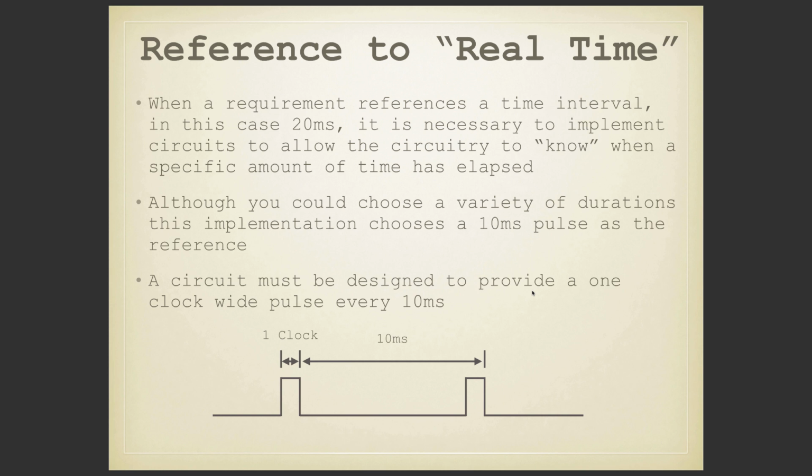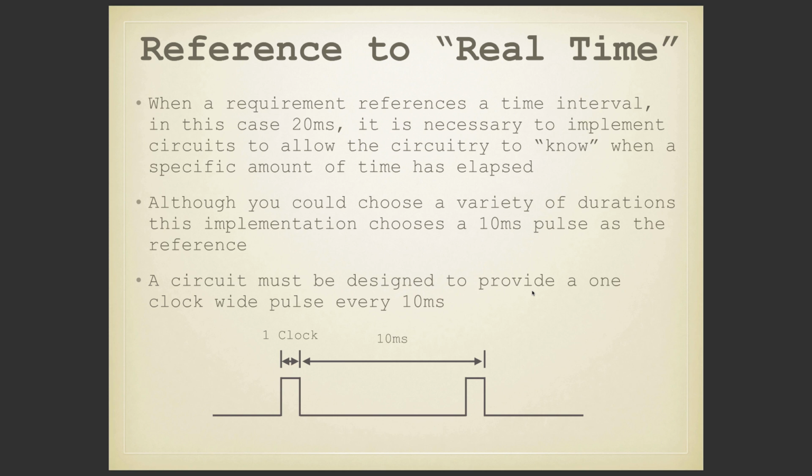The time that Pong Chu chose that I'm going to utilize is 10 milliseconds. Our job is to create a circuit that will let us know when 10 milliseconds has elapsed. That will allow us to incorporate that into our state machine to ensure that we implement a design that guarantees that the signal is stable for at least 20 milliseconds.